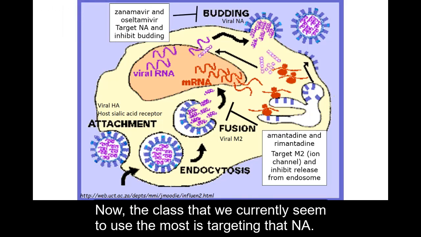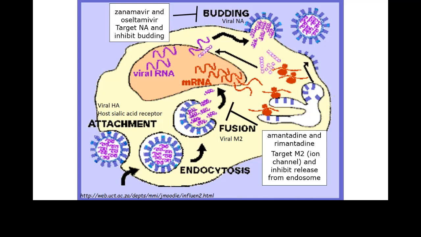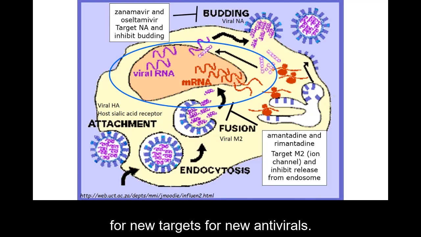Now, the class that we currently seem to use the most is targeting that NA, and so again, Tamiflu is one of those. And so in my lab, we were focused on looking at the activities in the nucleus to look for new targets for new antivirals.